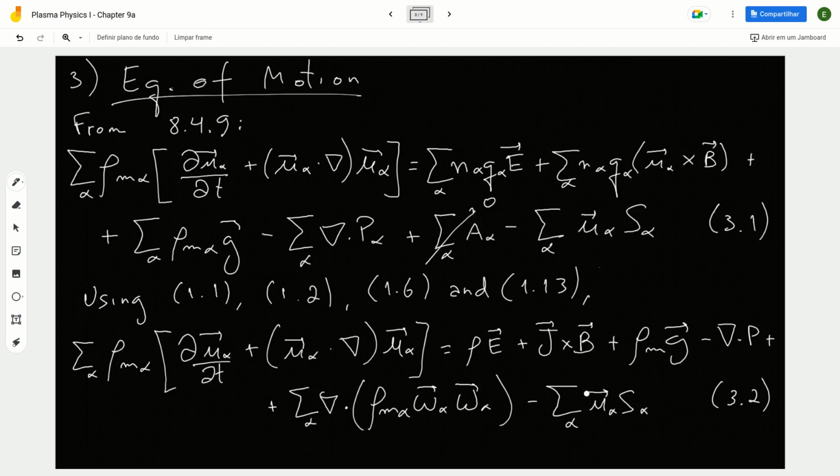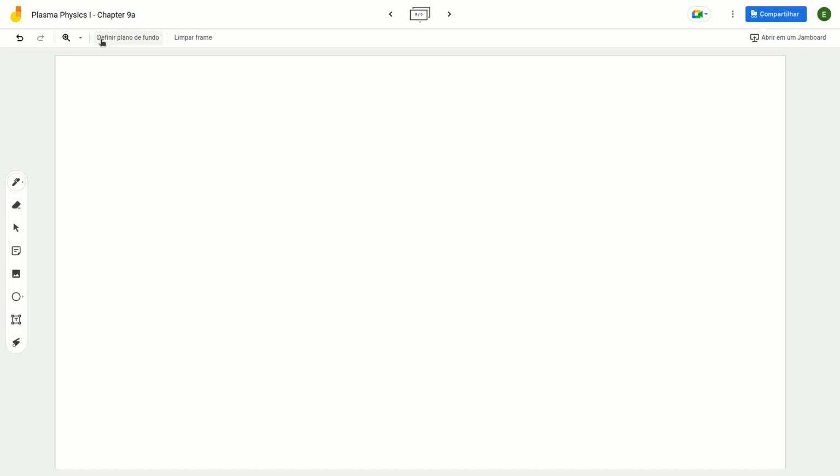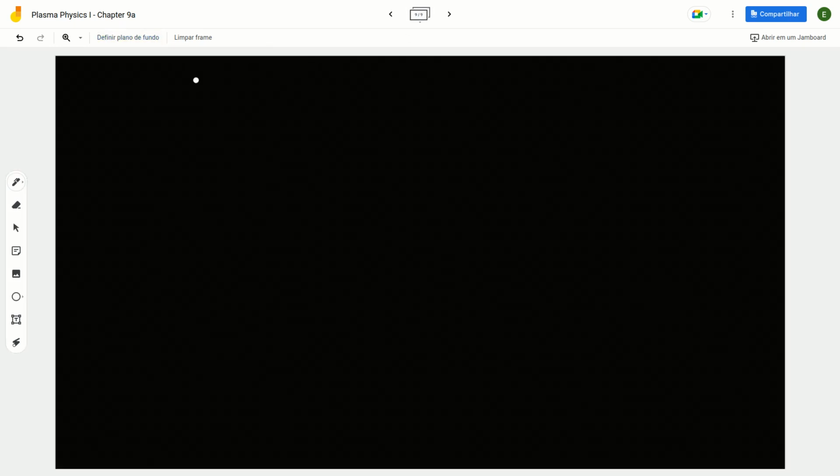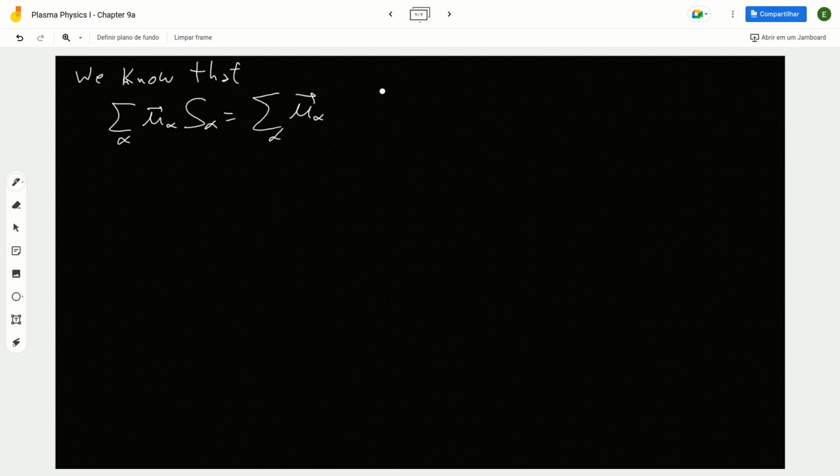So I'll multiply this by U. We know that U alpha S alpha is actually U alpha times del rho m alpha del t plus this divergence.